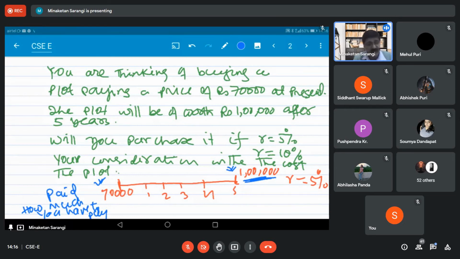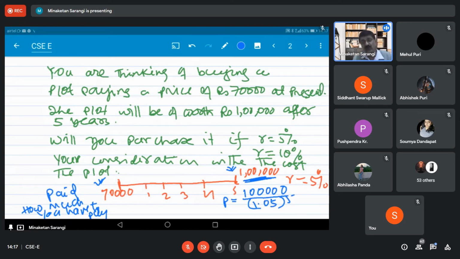Your future value is given. You have to find out the present value. And how will you find out the present value? I'm directly going to that. P is equal to 1 lakh divided by, the rate of interest is 5%, so 1 plus 0.05 to the power 5.